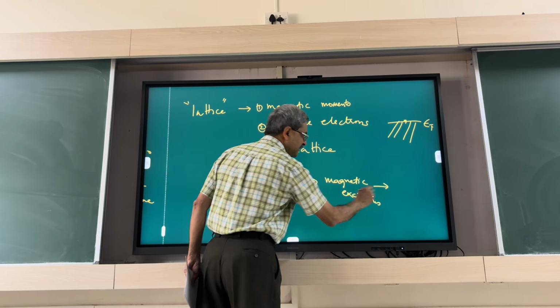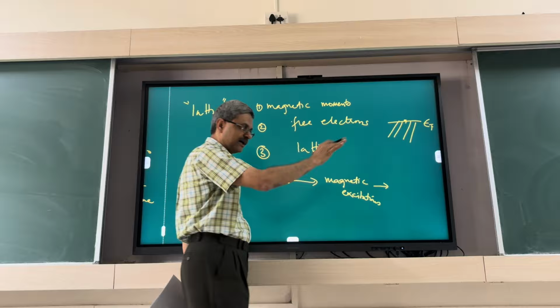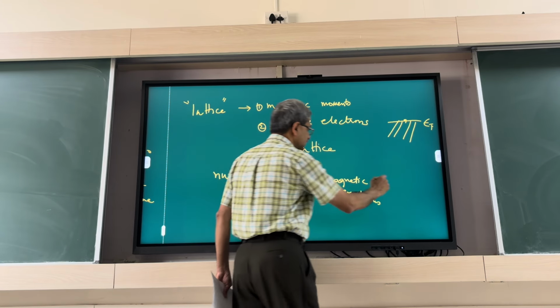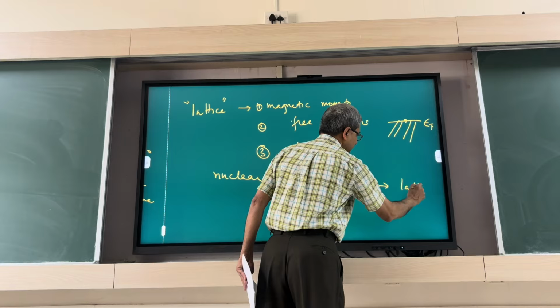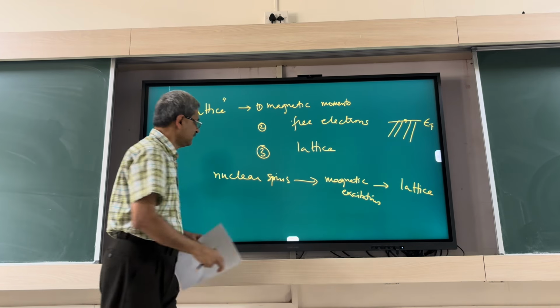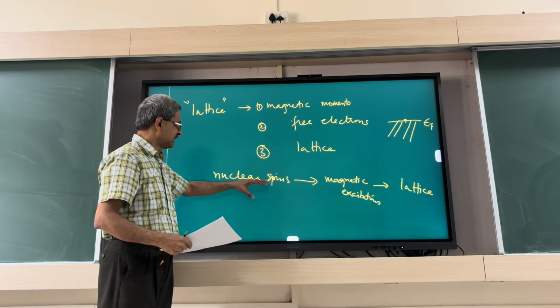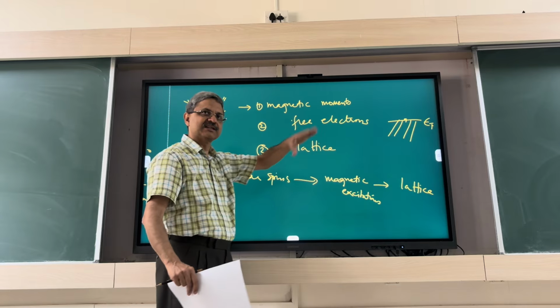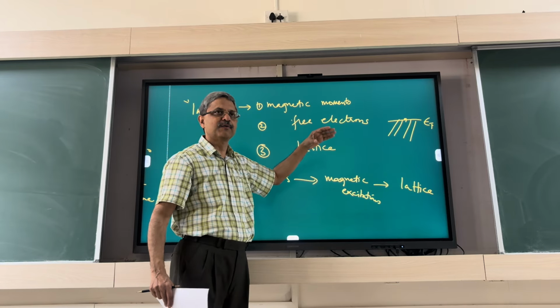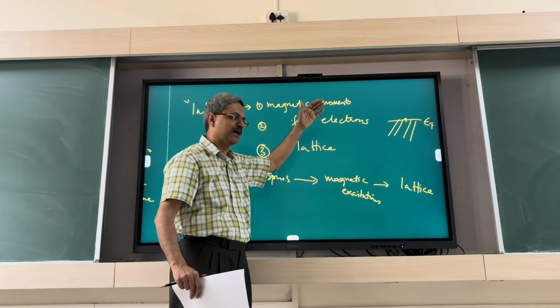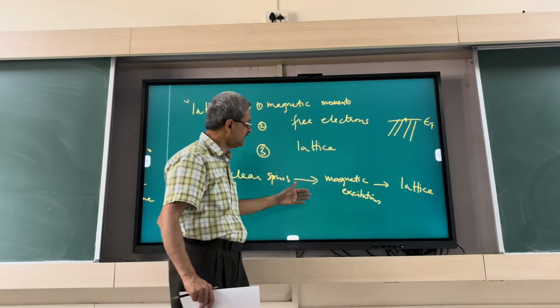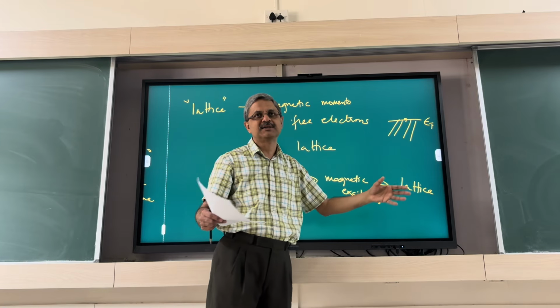And you might have some weak coupling with the actual crystal lattice. So ultimately, whatever energy loss takes place in the nuclear spin system, plus half, minus half, whatever the energy level difference, you relax nuclei from the excited state to the ground state, and that is finally taken up by the actual physical lattice.